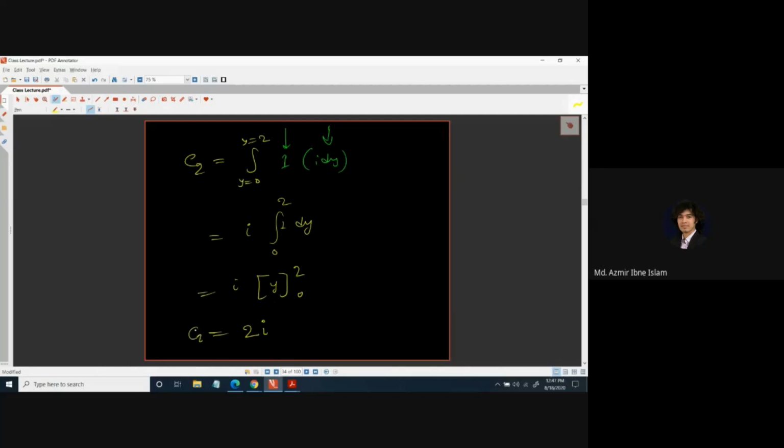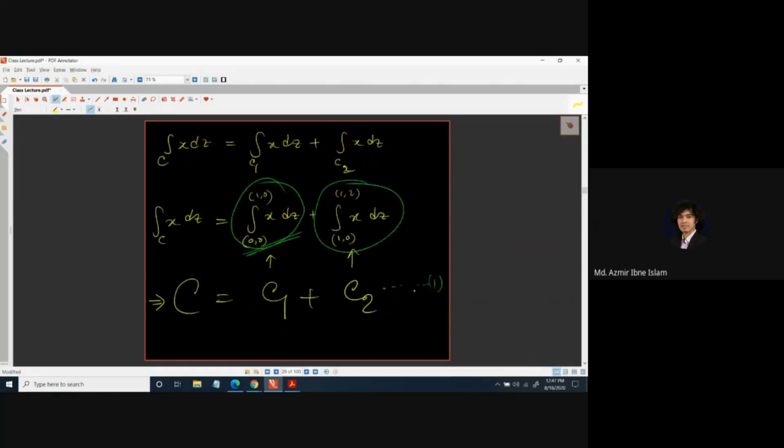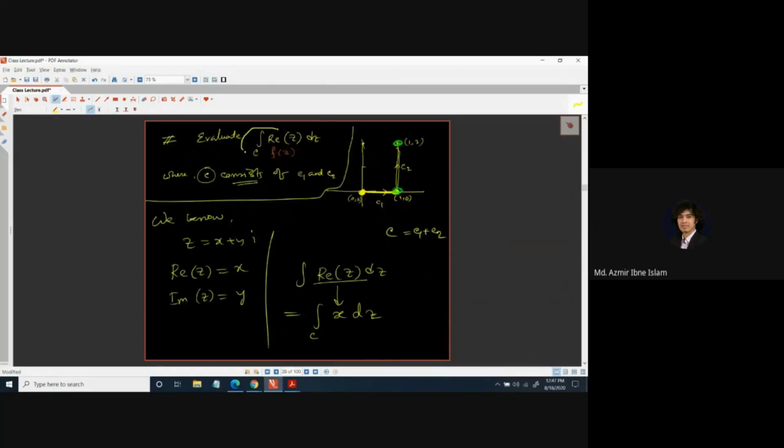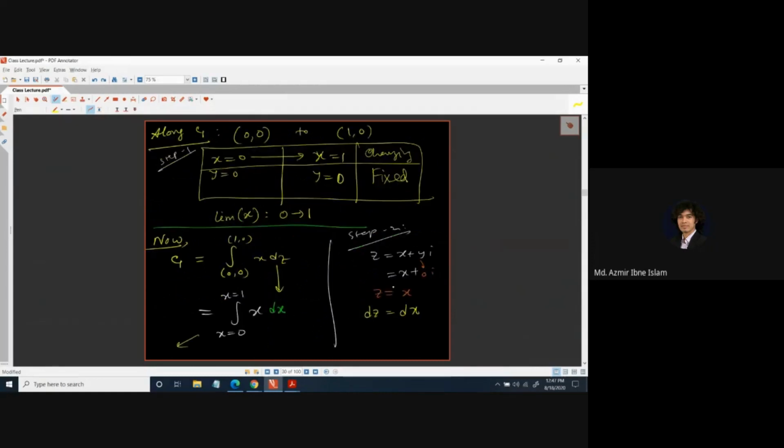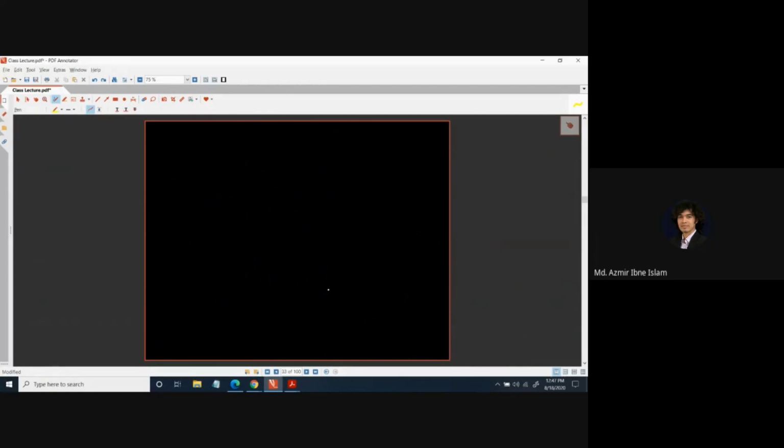So this is C2. From equation 1, our target is to evaluate the whole integral for the total path C, and we have already made the equation that C is equal to C1 plus C2. So C1 is 1 by 2, and C2 we have found as 2i. So from equation 1, C equal to C1 plus C2. What's the value of C1?